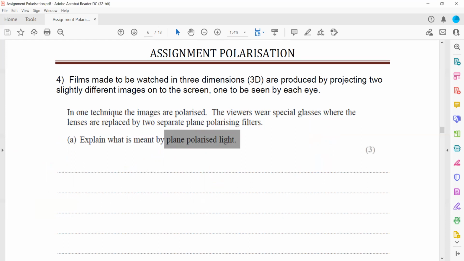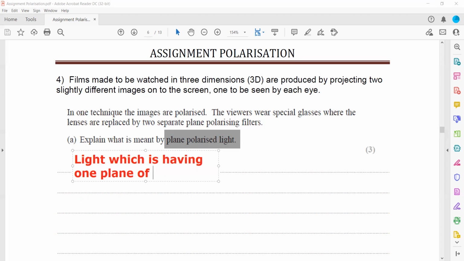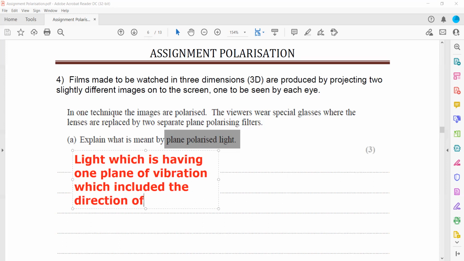So light which has one plane of vibration which includes the direction of propagation.